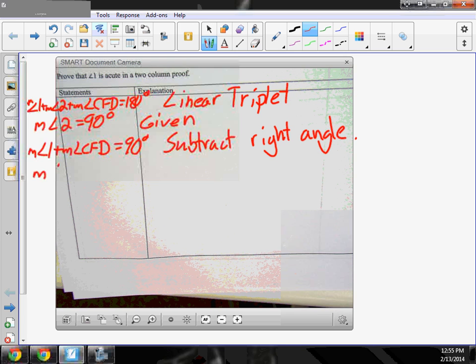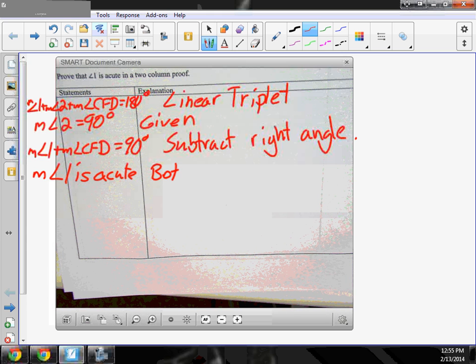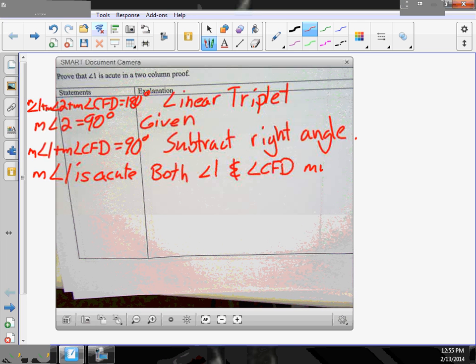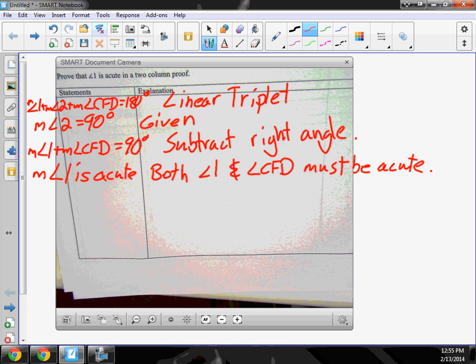The measure of angle 1 is acute. And the reason is both angle 1 and angle CFD must be acute. We kind of got the hang of that?